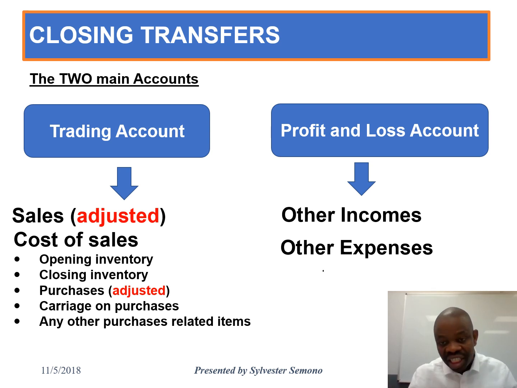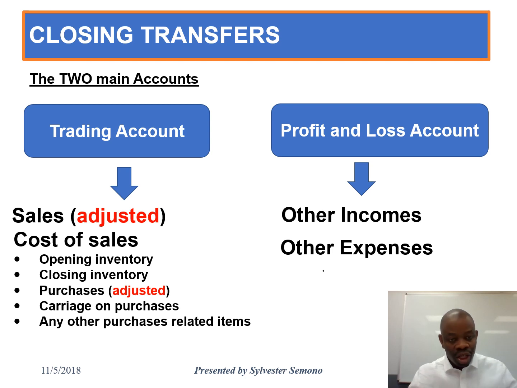But the challenge can be where we use the periodic inventory system. This will mean that the cost of sales will not be given to you. Instead, they will give you the items which will be used to calculate cost of sales. Remember from our past experiences, if the cost of sales is not given, especially under the periodic system, we have a formula to calculate it.